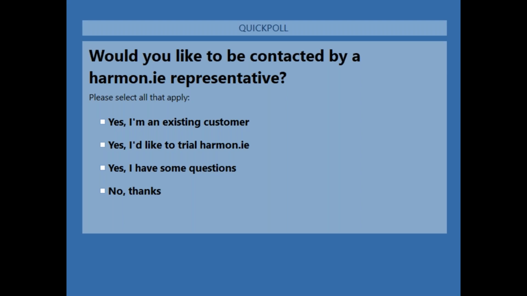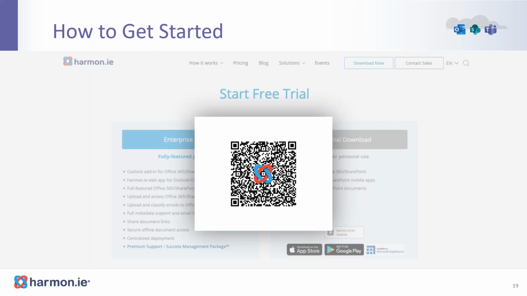Okay. Let's see, the first question is: is Harmony 8 backward compatible for users who are not yet using Office 365 and Teams, but still need SharePoint on-prem? Yes, absolutely. We fully support both SharePoint Online and SharePoint On-Premise. In fact, we still support, I think, SharePoint 2010 or maybe even 2007 upwards.